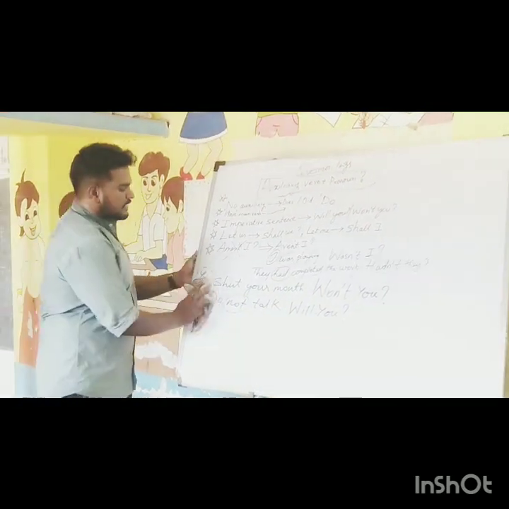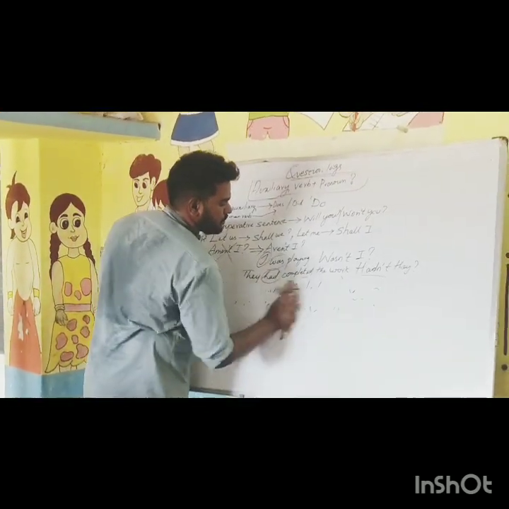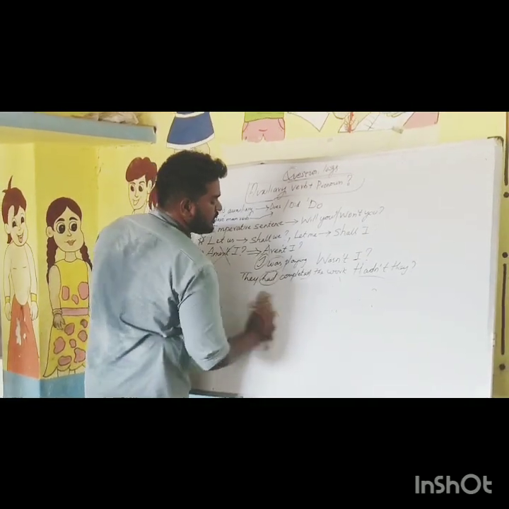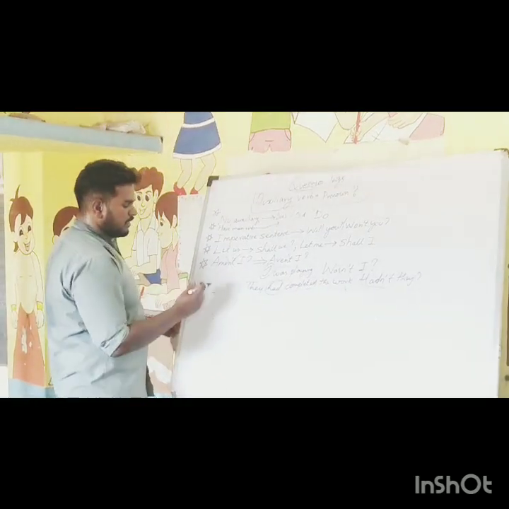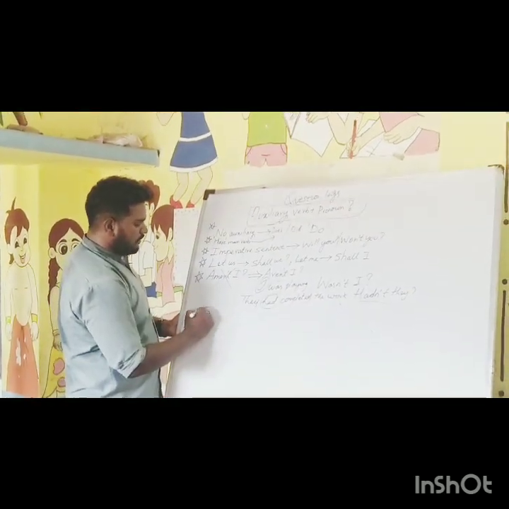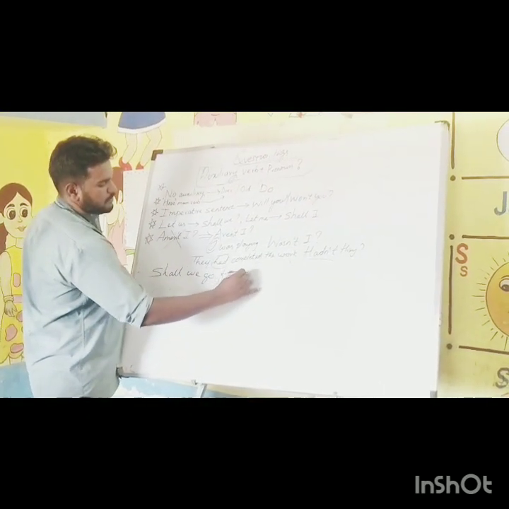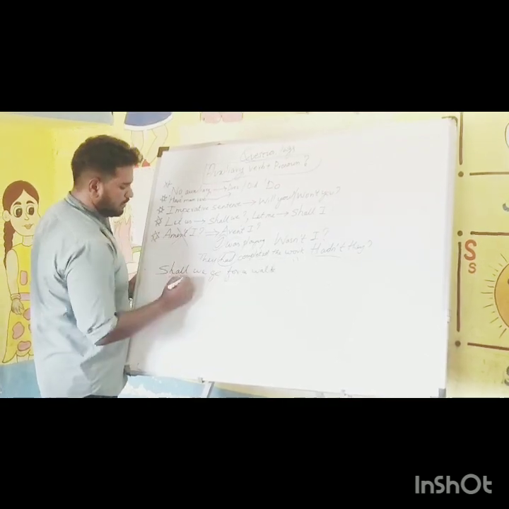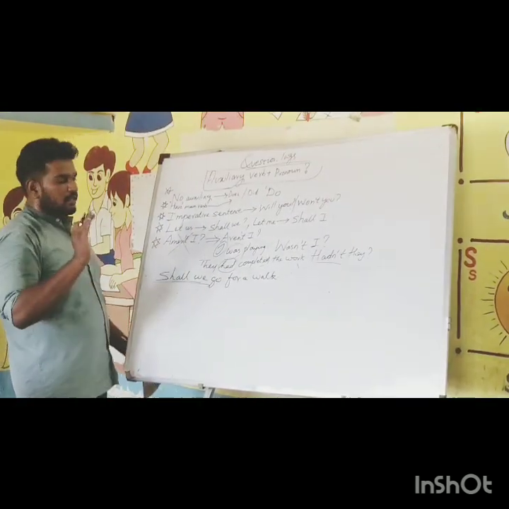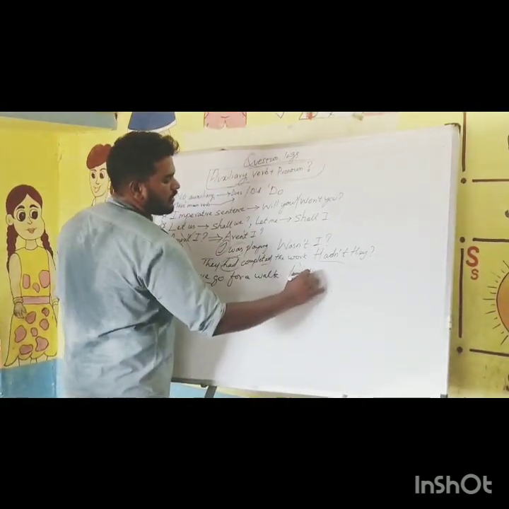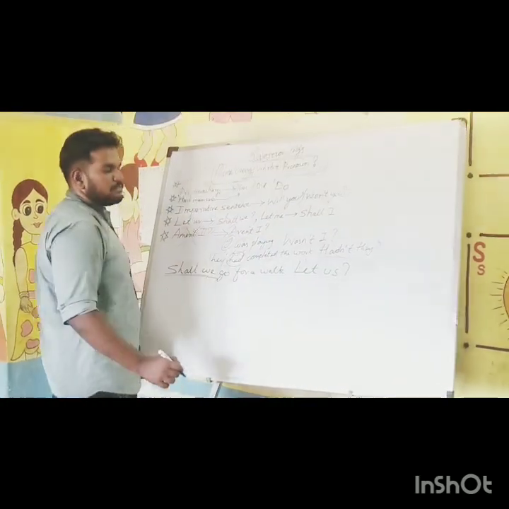Then the next special case is when something is written with shall we. Shall we go for a walk? Whenever shall we is coming, just write let us. Don't want to think about positive or negative statement.